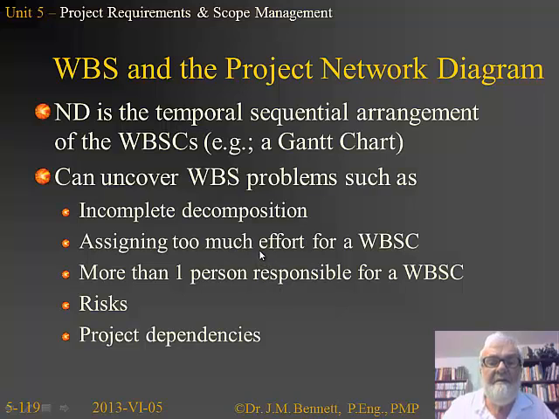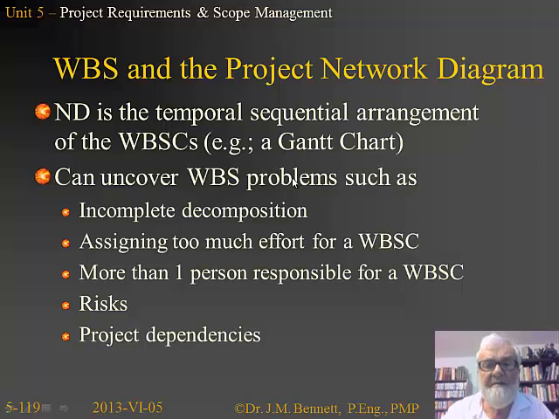Now, the network diagram is going to be the temporal, which means the timeline-based sequential arrangement of the WBSCs, such as the Gantt or a PERT chart or something like that, which is a pictorial description with the horizontal time axis running from the beginning of the project to the end, and each individual WBSC indicates where it lives on that time diagram.